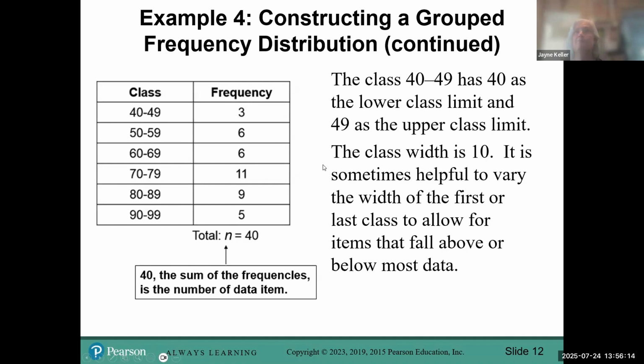Questions about the frequency distribution? So when it's a smaller group of data, you don't have to do the class width? So yeah, if my range was smaller, I might want to group them by 5, because normally we like to have somewhere between 6 and 10 classes.